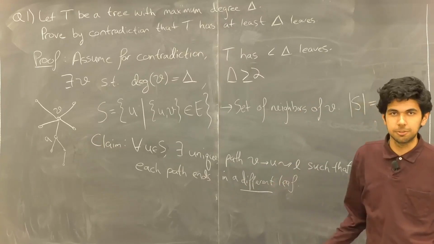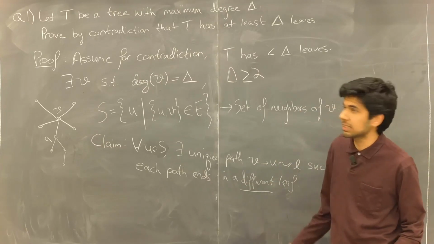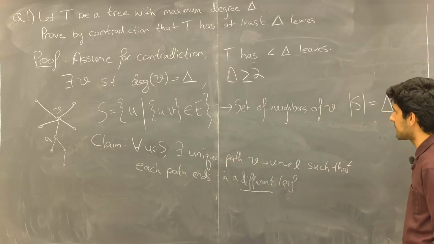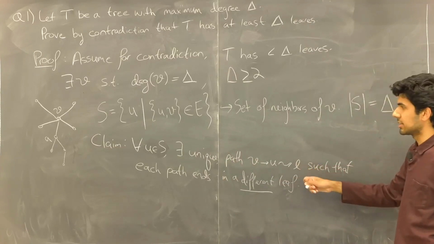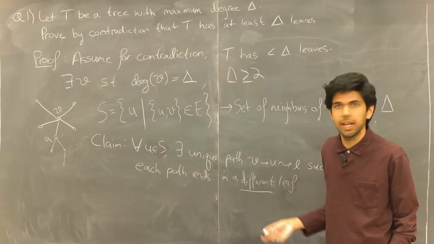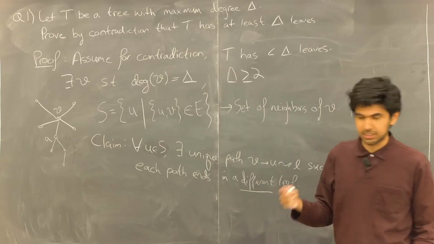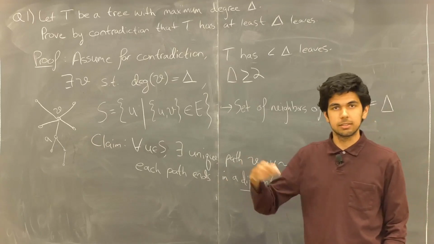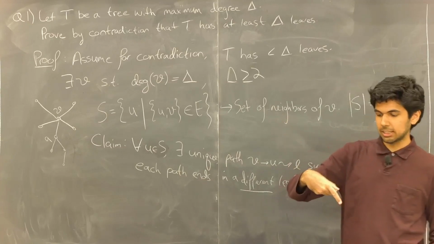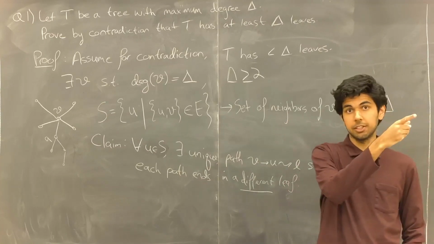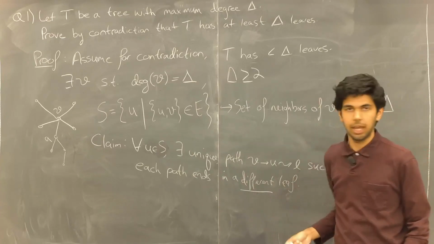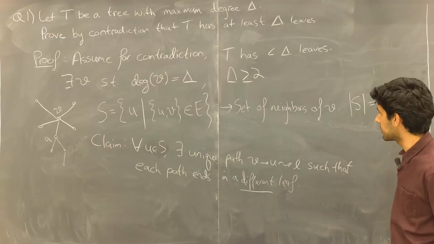I won't write out the proof because there's not too much space and someone's about to kick me out of the room, so I will argue why. Well, first, why does this end in a leaf? Suppose not. Then where does it end? If it's not a leaf, it's going to be a vertex with degree more than 1, so I can enter the vertex through one edge and leave it through a different edge, and I'll basically end up cycling all around, and we can't have that because trees don't have a cycle.